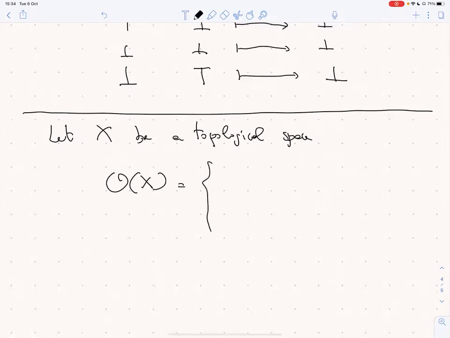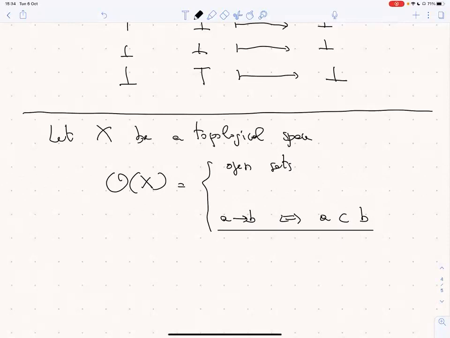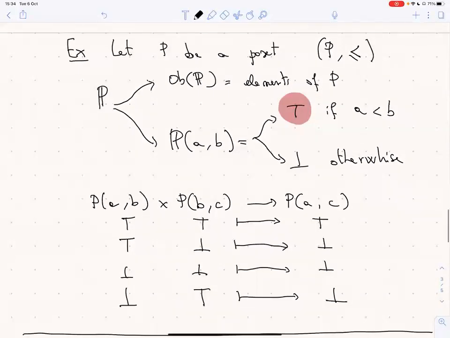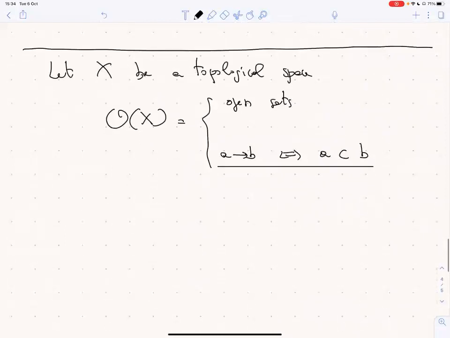It's the category of opens, and there is a function from A to B if and only if A is inside B. So this is just the same as describing the poset of opens as in the previous example, a special case of the previous construction.